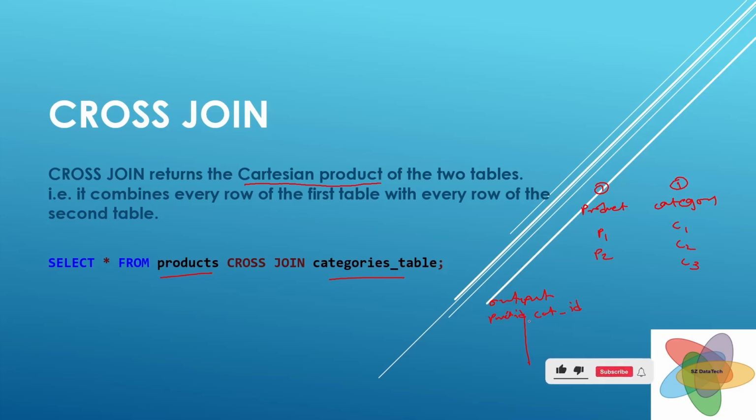Here we have P1. For P1, since we are saying Cartesian product, it will do the combination with all the rows from category. So P1 with C1, P1 with C2, P1 with C3. So here we will get P1 with C1, P1 with C2, P1 with C3.